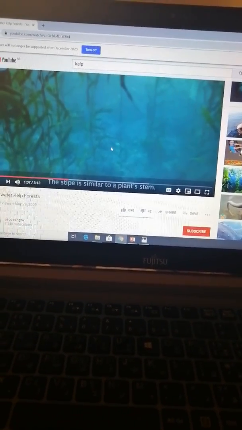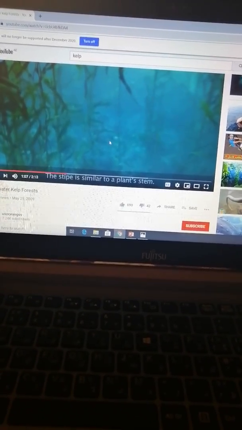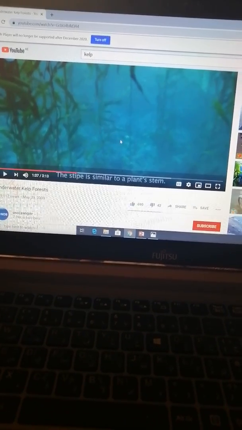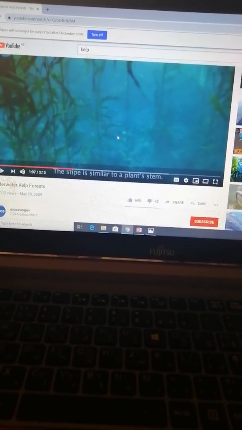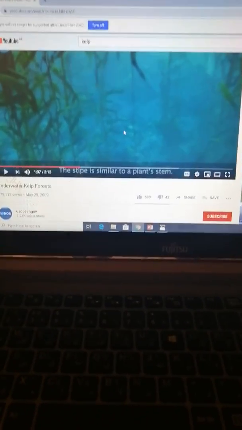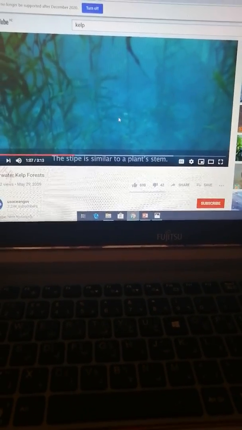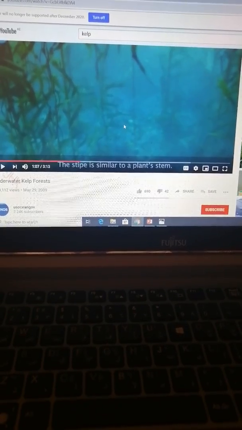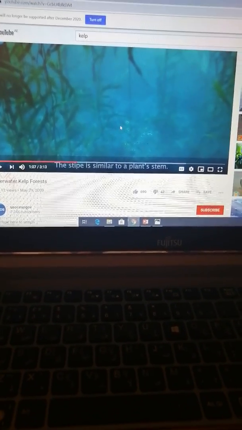So again, kelp is the biggest plant and it needs a big space to grow and live. That's why the kelp, this plant, finds the ocean a good home to live and grow, because the ocean also is very big.